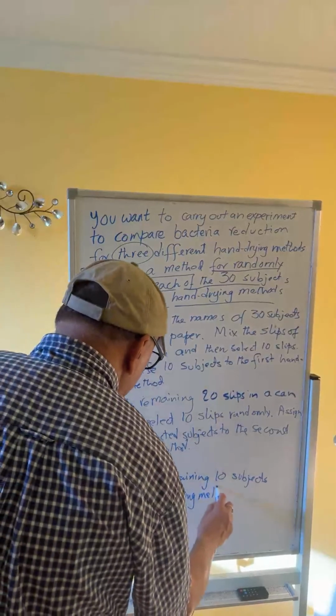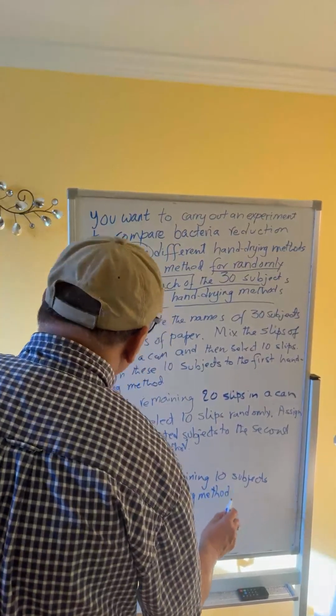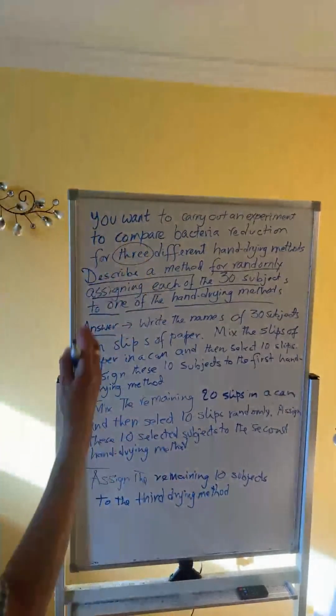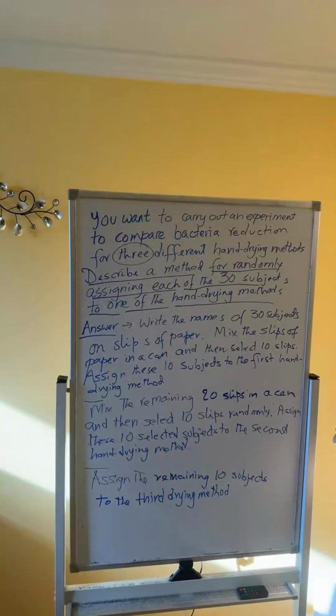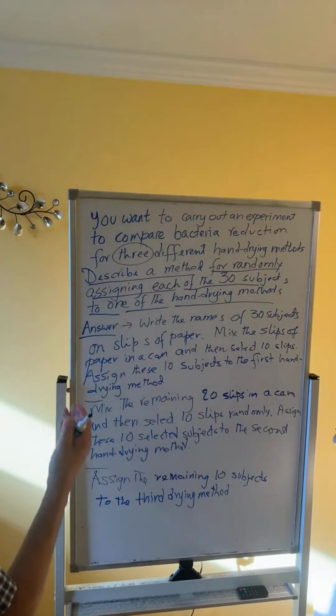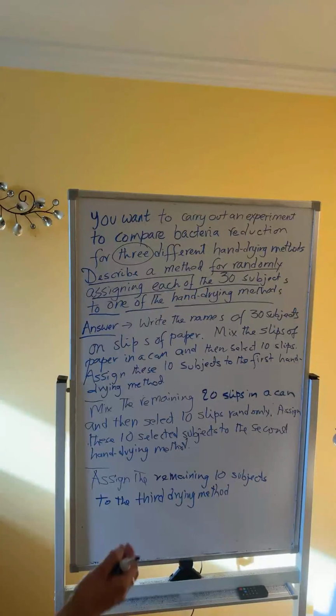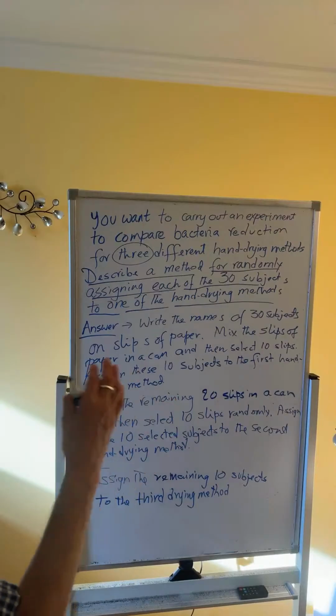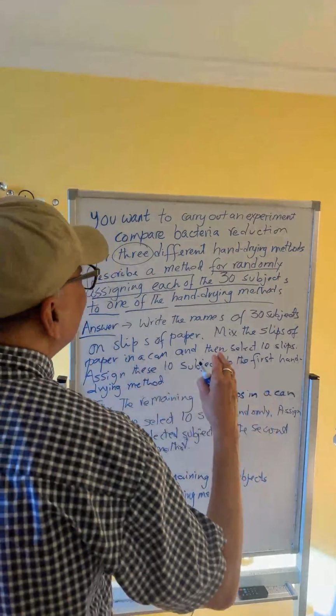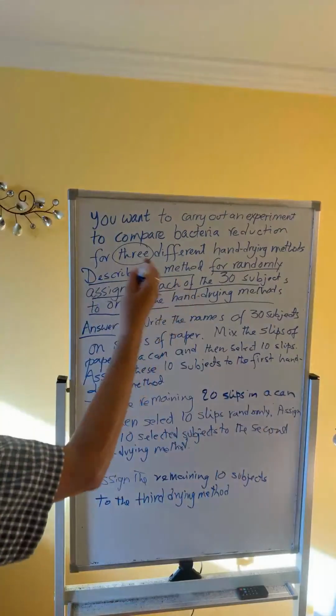So let me go over again what the problem is all about. You want to carry out an experiment to compare bacteria reduction for three different drying methods. You want to reduce bacteria from the surface of 30 subjects.